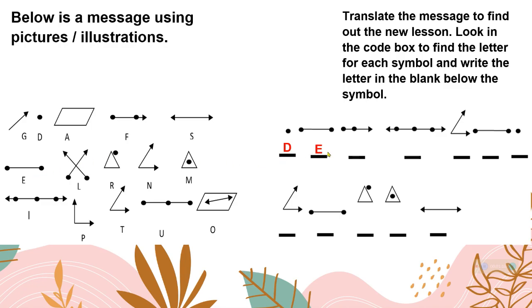So we have here E, then F, then I, then N, and then E, and then a point again, so letter D. And then we have T, then followed by E, then R, then M, and S. Okay, so what have you formed?